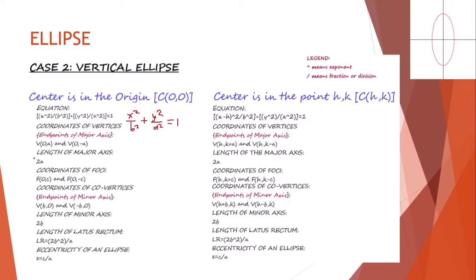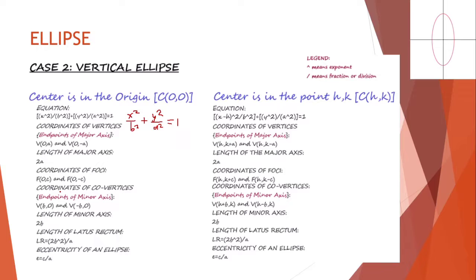Now the 0 comes first. We have 0, a and 0, negative a. The length of the major axis is 2a, or 2 times a. The coordinates of the foci are 0, c and 0, negative c.